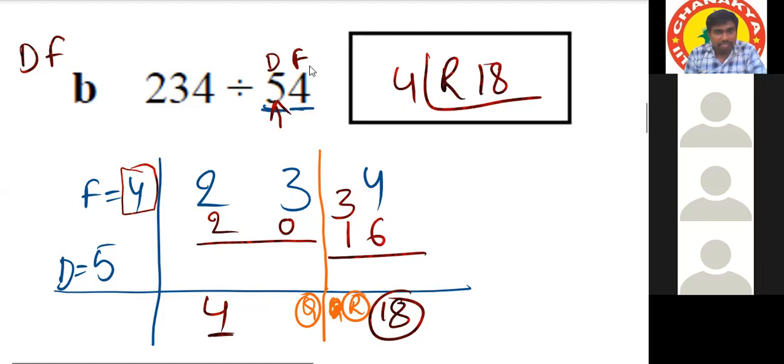As and when required, we'll consider the flag. Here in 34, 4 into 4 we have to do. Not the units digit: the flag number with the quotient. Okay, sir.